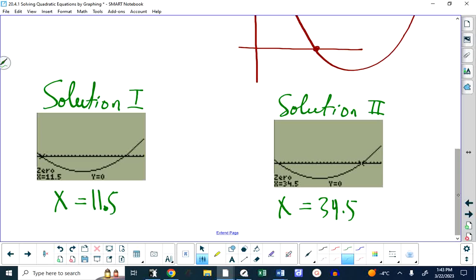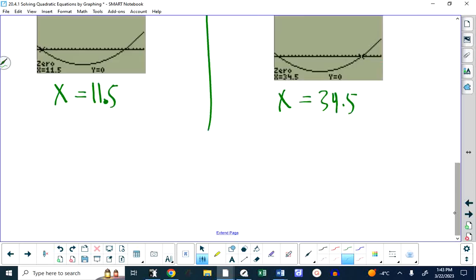46 minus x? Okay. So in solution 1, one of the numbers is 11.5 and the other number is this. In solution 2, one of the numbers is 34.5 and the other number is this. Are you with me on that?